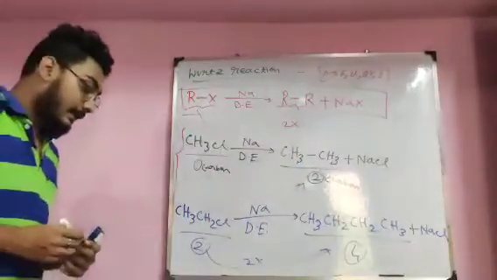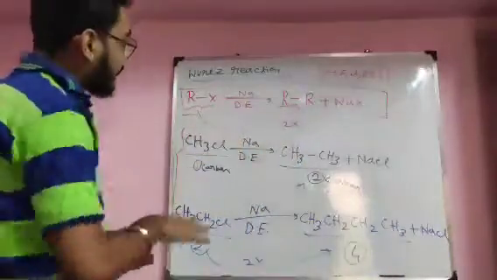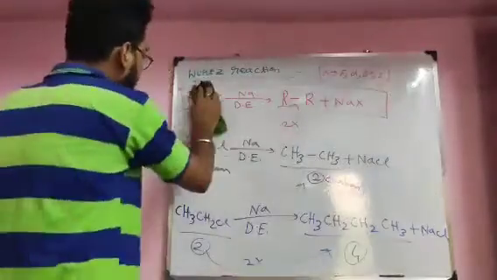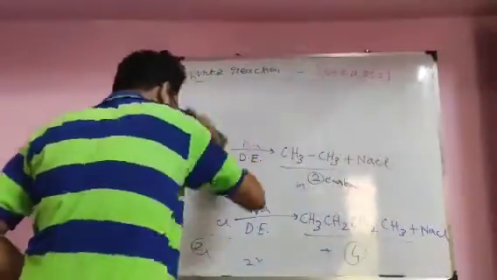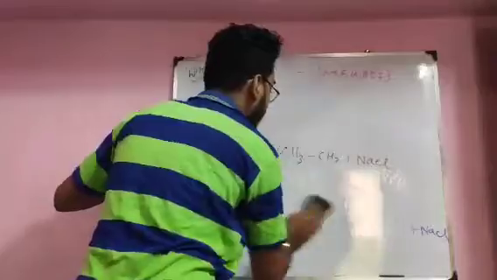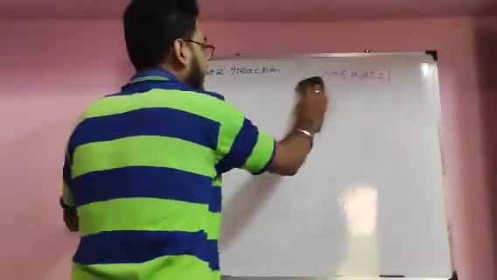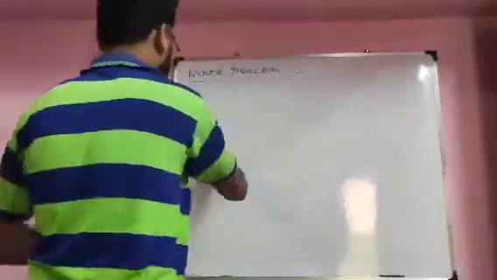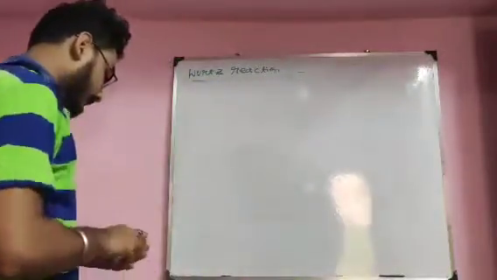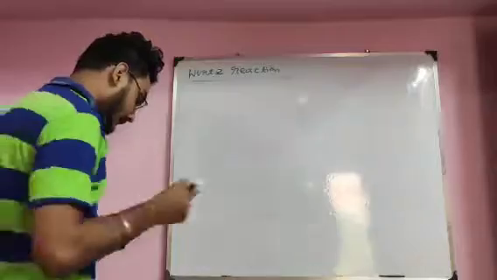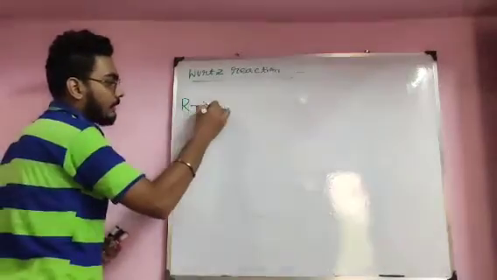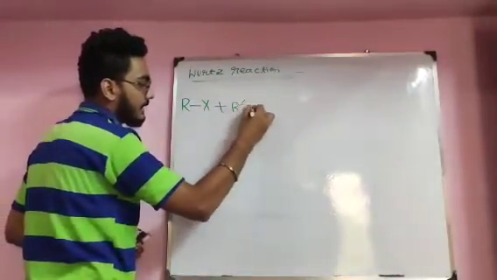There is another formula of the Wurtz reaction: R-X plus R'-X.